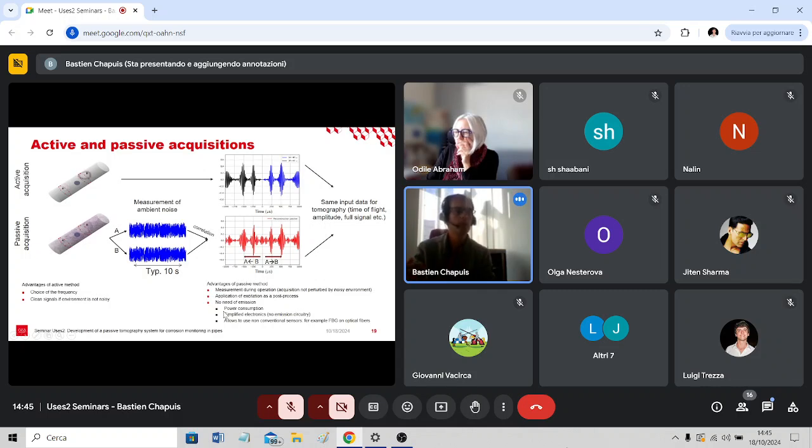So for monitoring systems that operate on battery, it can be an advantage. And the main reason why we developed that approach at CEA is because we can use sensors that are not able to emit waves in the structures, typically fiber Bragg gratings on optical fibers, with a lot of advantages I will describe in the third chapter.